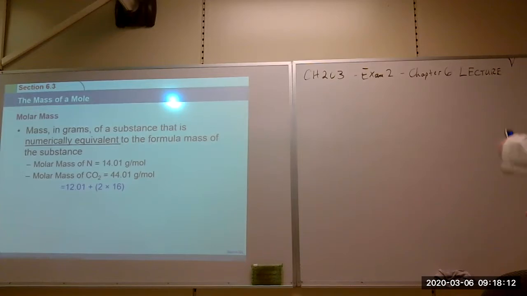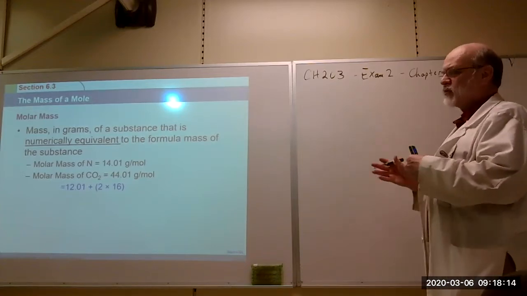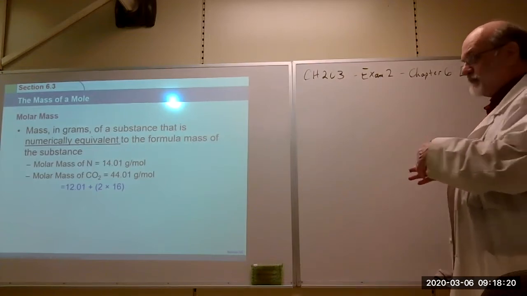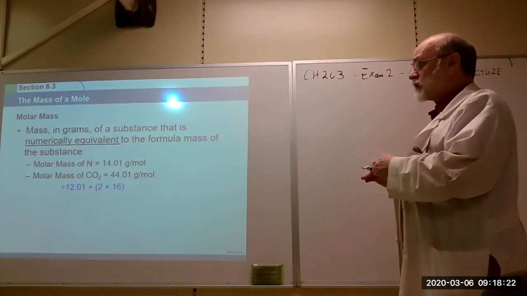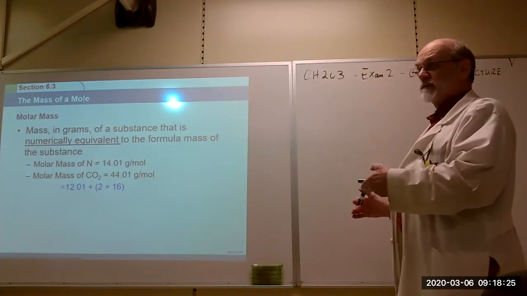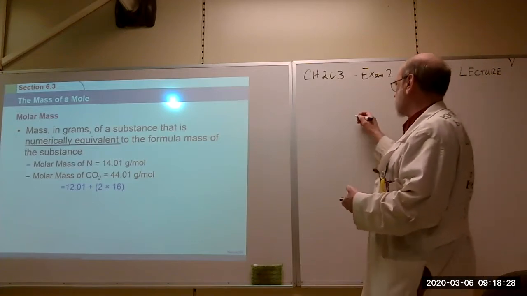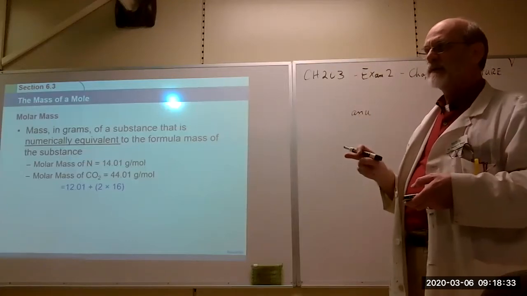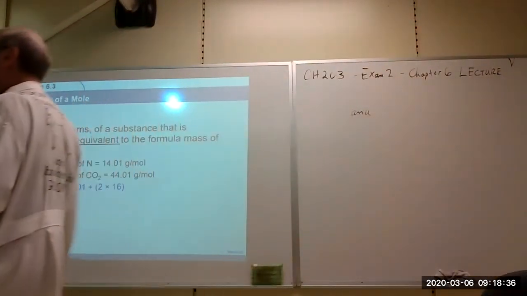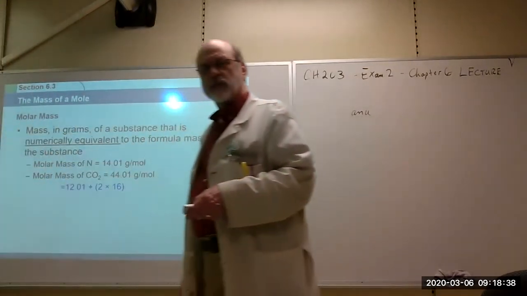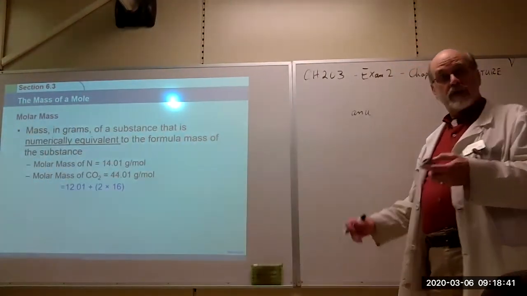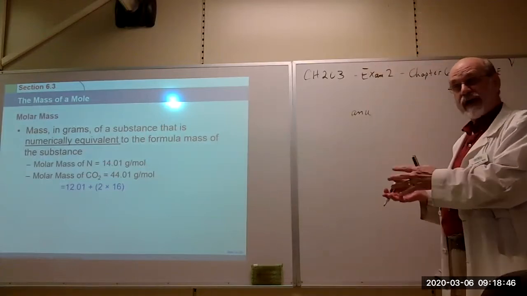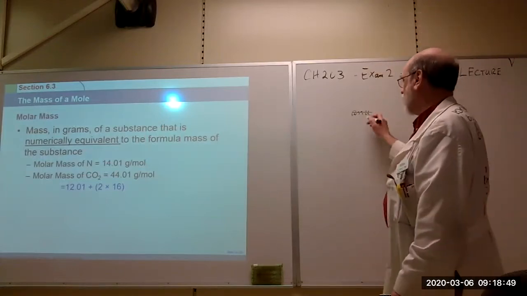Okay, so here's another concept. Once we've established what a mole is and how it's related to the carbon-12 isotope, then in order to be of some use, those atomic mass units that are assigned to every element on the periodic table, and on this table they're in the upper left-hand corner, those decimal numbers that we have assumed are atomic mass units are also grams if you have 1 mole.